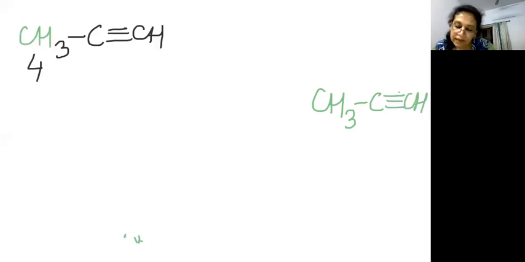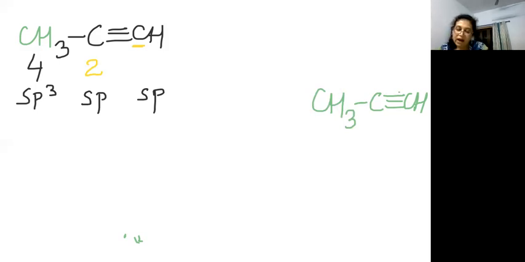For steric number, we only calculate the sigma bond. So steric number is 2. And here, this carbon, again, the steric number is 2. So this CH3 will be sp3 hybridized. This carbon in the center, sp, and this carbon on the side again, sp.